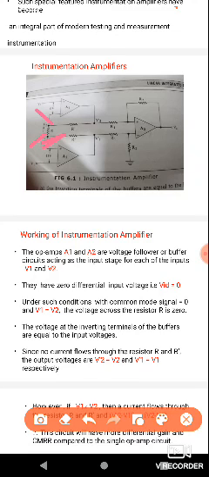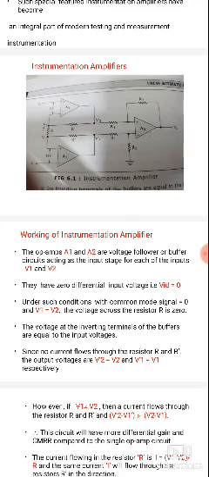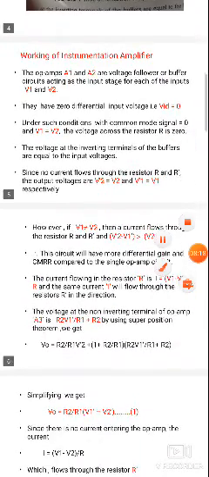When V1 is equal to V2, the differential amplifier output V0 equals V1 minus V2, which is 0 volts. The differential input voltage VID is 0, and under such conditions the common mode signal is also 0.